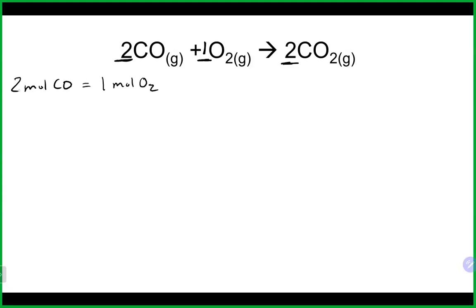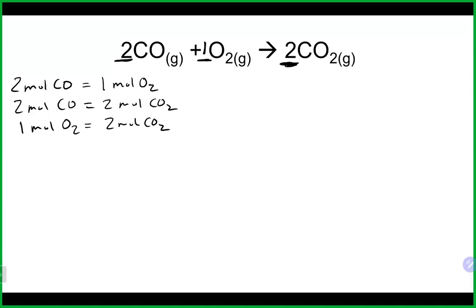And for every 2 moles of CO that I put in there, I will get out 2 moles of CO2. I could also say for every 1 mole of O2 that I put in there, I will get out 2 moles of CO2. These are all really the equalities that you could get from this equation.